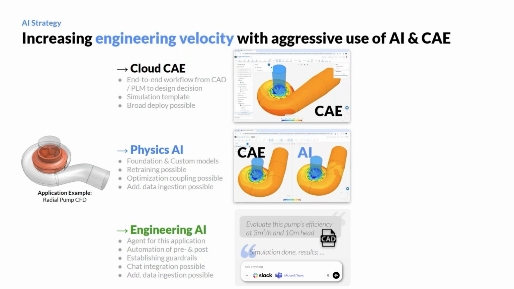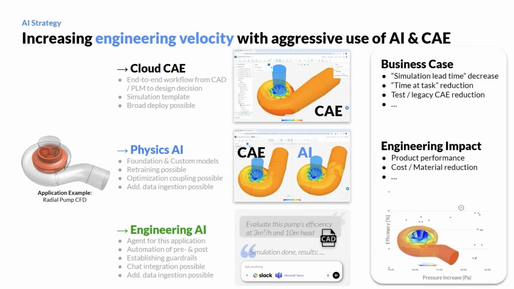We will focus today on the physics AI part, but there's a lot of content from SimScale already out there on the engineering AI. So if you're interested in that topic, obviously visit our webpage and dive deeper for that as well. Both of them together, and adding the traditional Cloud CAE that then serves more as a validation framework, rather like physical testing, we get to essentially a point where you can really decrease your simulation lead times, where you can test extensively, optimize a lot, and obviously out of that you get higher product performance.